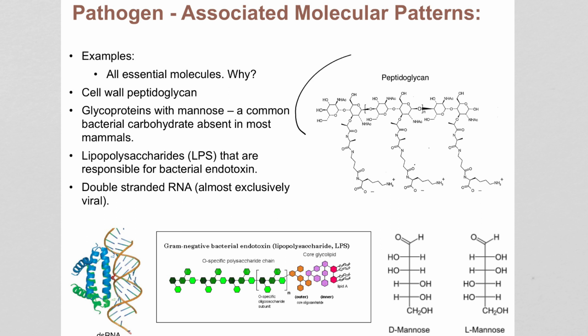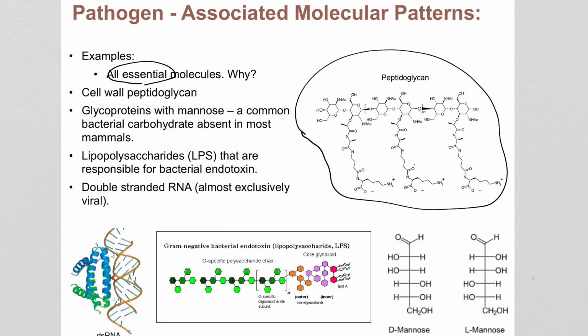So for example, peptidoglycan is only found in the cell walls of bacteria. Perfect pathogen-associated molecule because it's only found in bacteria and it's essential. Bacteria can't very easily just get rid of their peptidoglycan to sneak by your immune system. And so we want these molecules to be important, critical molecules for the pathogen so they can't just evolve the loss of that molecule as a way to hide from the immune system.